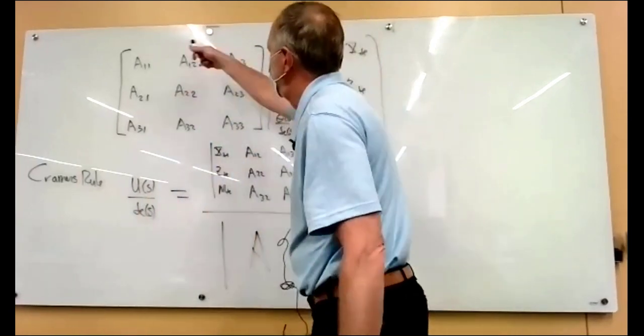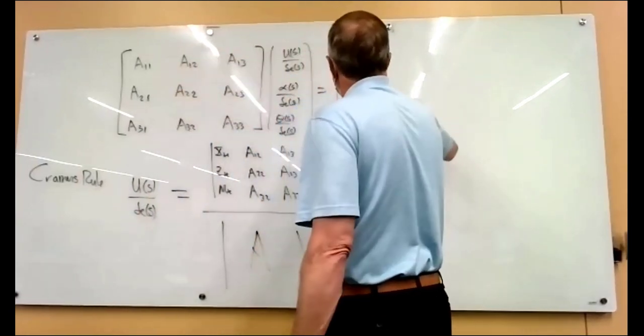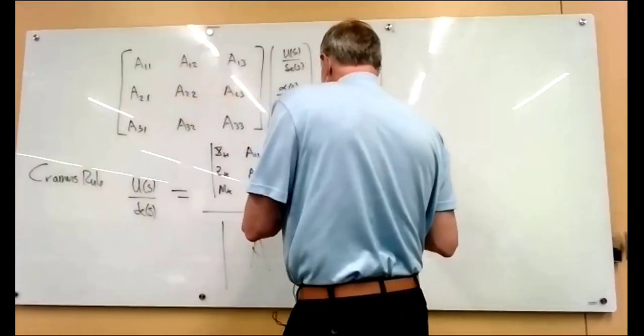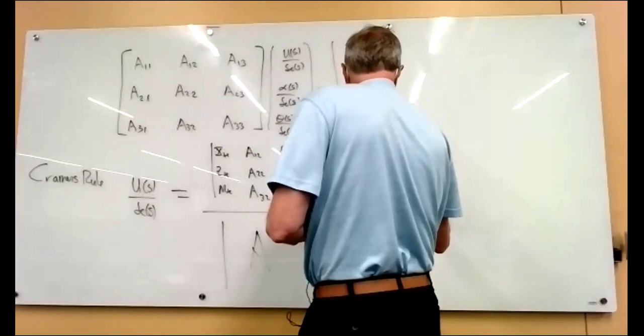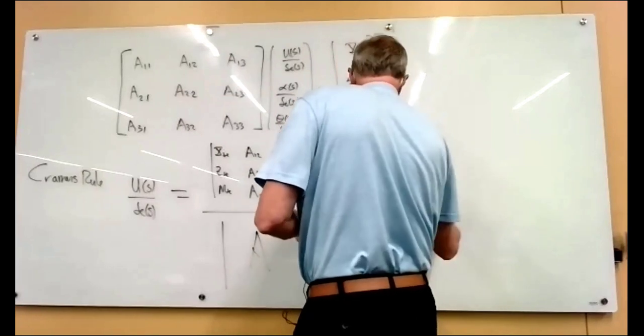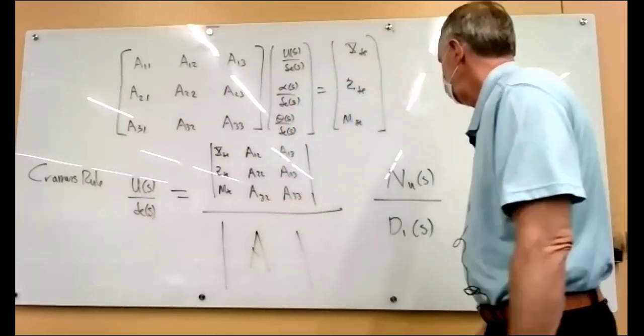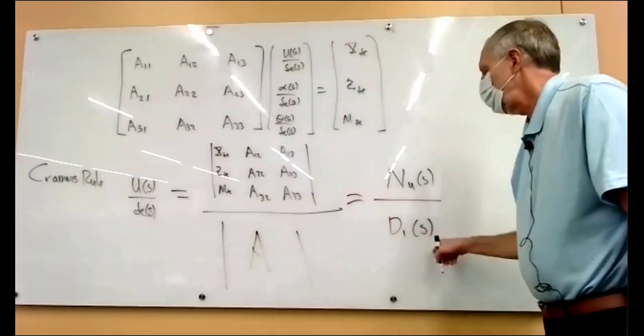And since all of the stuff in the matrix and the stuff on this side is just numbers, and this is s's, we end up with a polynomial in s here, and a polynomial in s in the denominator.